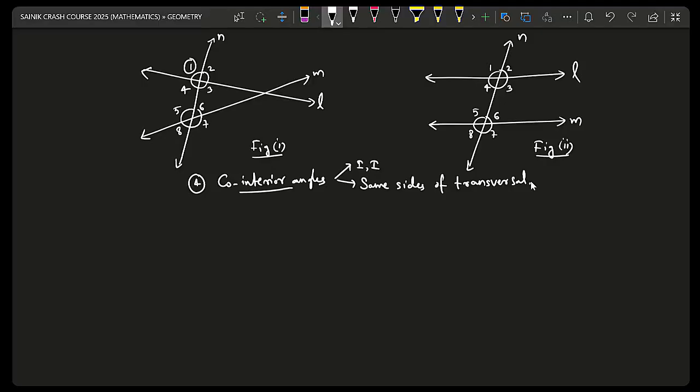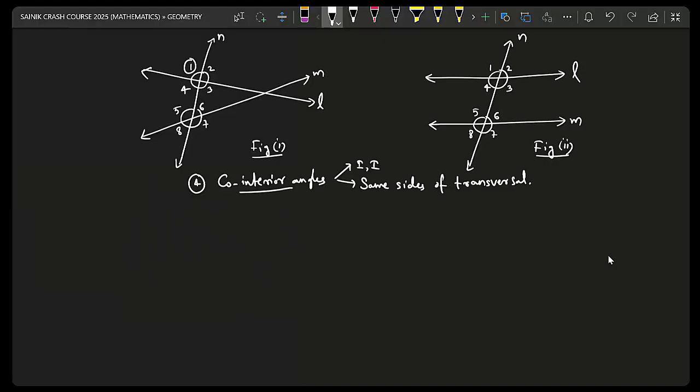Okay. Now, anybody from you who is going to say the answer, which pairs are possible satisfying these two conditions? Which pairs are going to be co-interior? Harshvardhan?